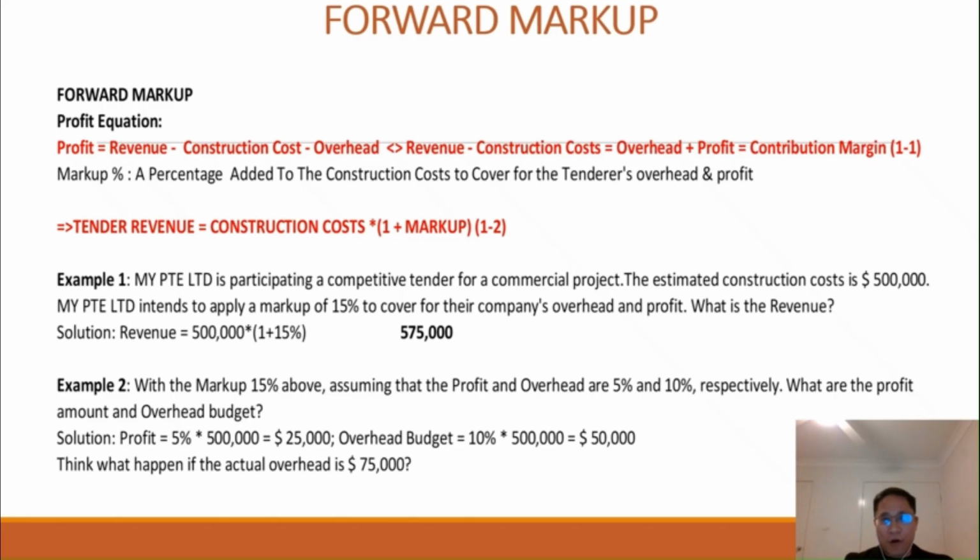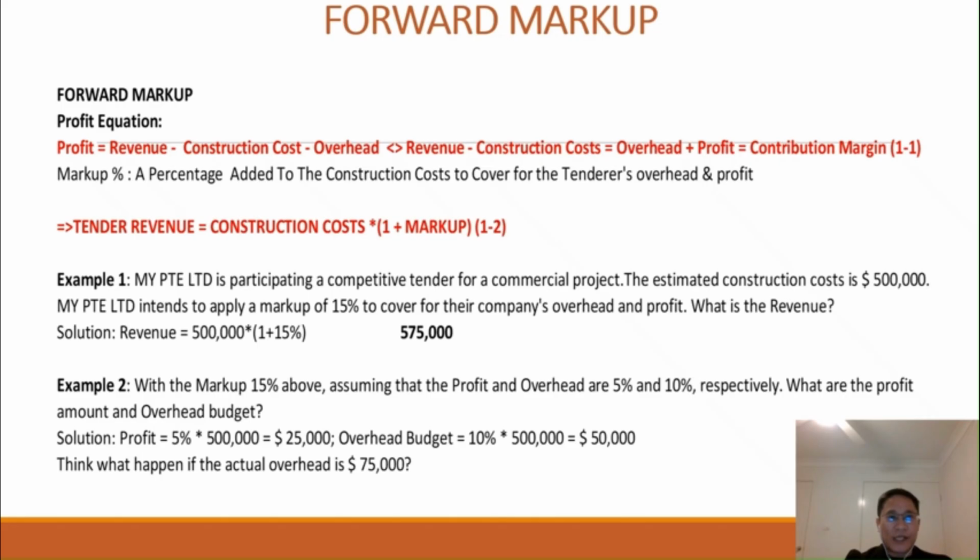And the overhead is our company's main office general overhead administrative costs like staff salary, office rental, and software and things like that.